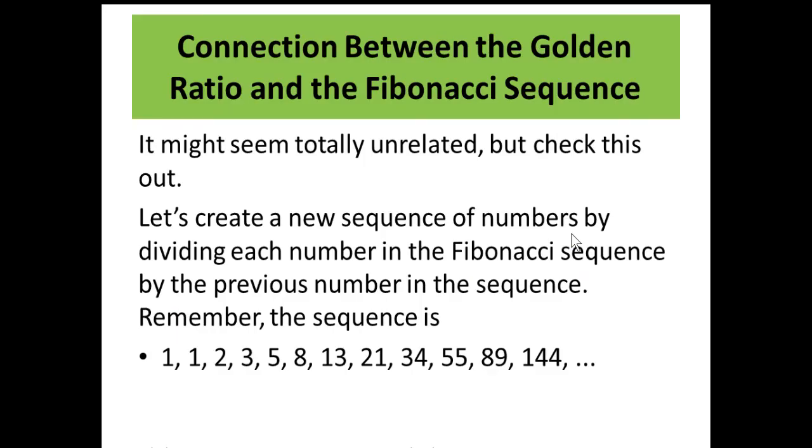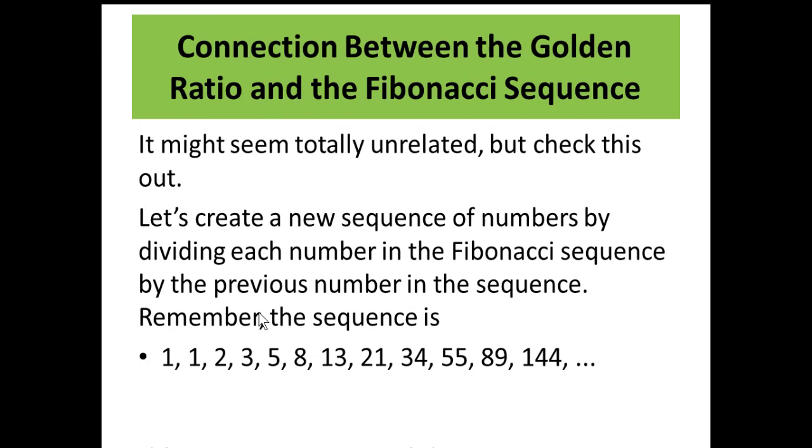Now, what is the connection between the golden ratio and the Fibonacci sequence? As I told you, if you find the ratio of the numbers in the Fibonacci sequence, there is a sequence which converges to the golden ratio, the number 1.61. It might seem totally unrelated, but you can check this out. Let's create a new sequence of numbers by dividing each number in the Fibonacci sequence by the previous number.